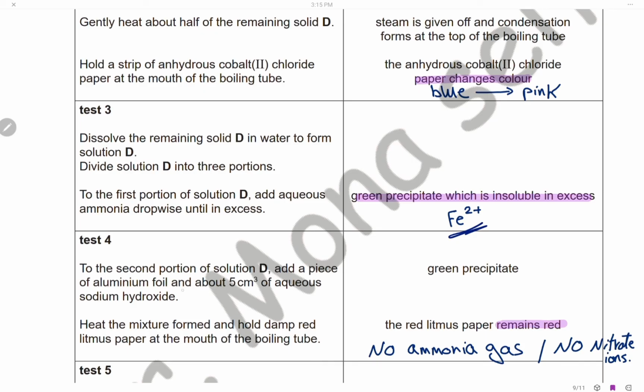By adding aqueous sodium hydroxide, of course a green precipitate will form again, but we will test for the presence of nitrate ion by checking if ammonia gas is present, holding a damp red litmus paper at the mouth of the test tube. Here the red litmus paper remains red. That means no change in color of the red litmus paper, no ammonia gas produced. That means we don't have any nitrate ions.